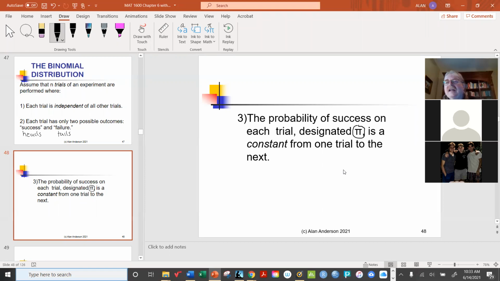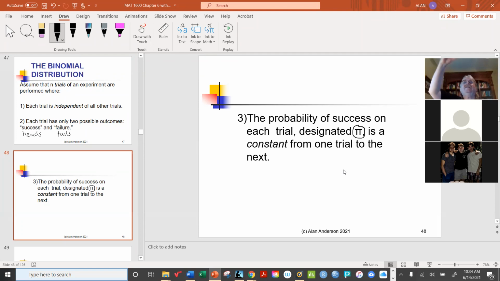The only other option I have is to write out all the possibilities and then count them, which could be done, but it gets very, very time consuming. In fact, if I flip the coin 10 times, you'll be shocked to hear that the number of possible outcomes is 1,024. And I don't want to mess around with 1,024 outcomes to figure out the likelihood of getting 5 heads. That could take a very, very long time.